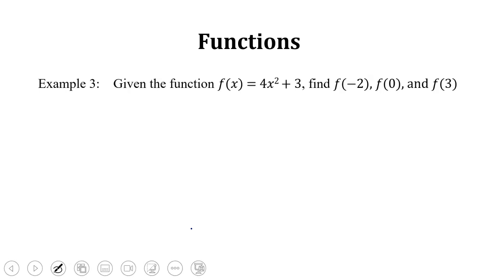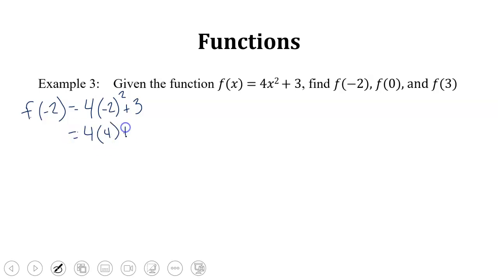All right, given the function, this equation, we need to find f of -2, f of 0, and f of 3. So we're going to plug them in. For f of -2, instead of x in our equation, we're going to plug in -2 like we always do. 4 times -2 squared plus 3. You always want to do your exponents first. -2 squared is +4.